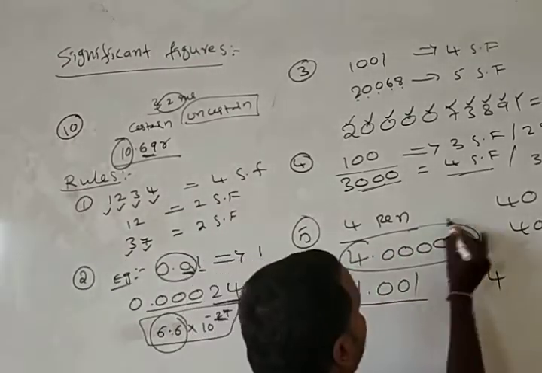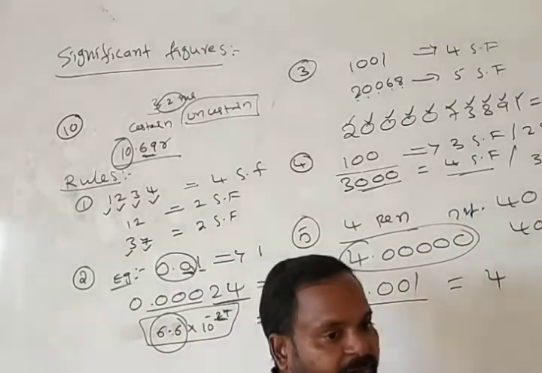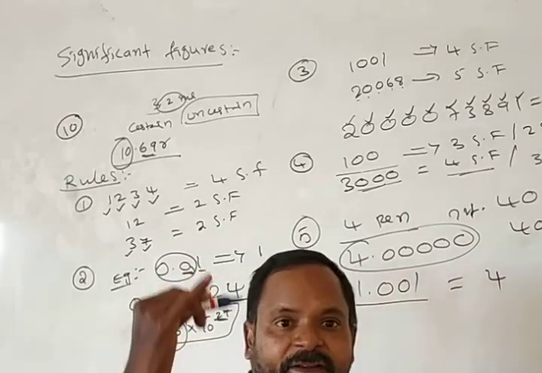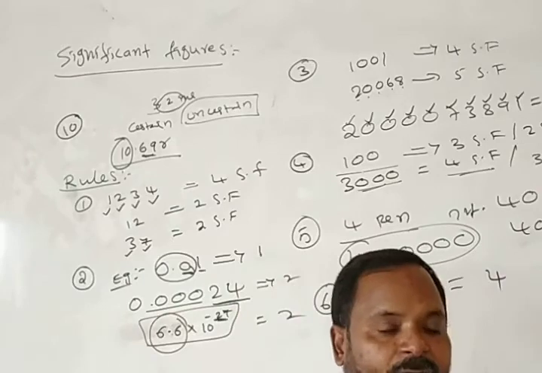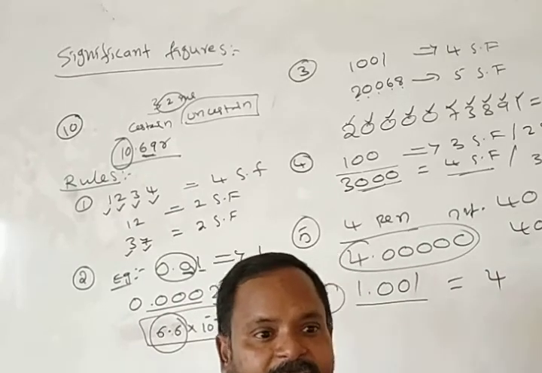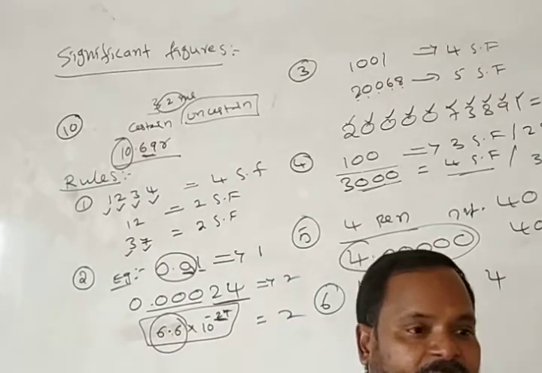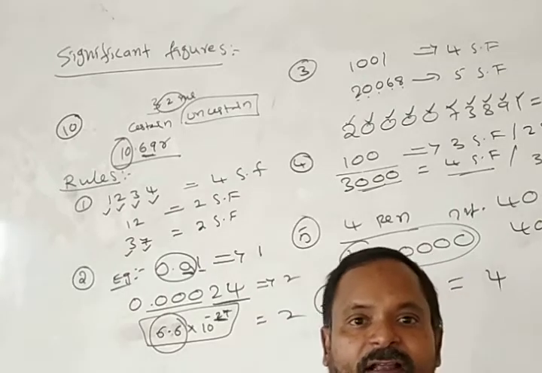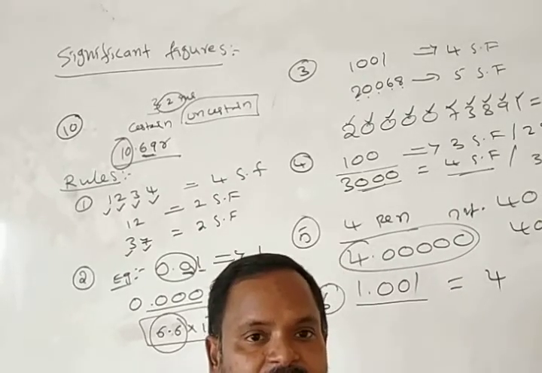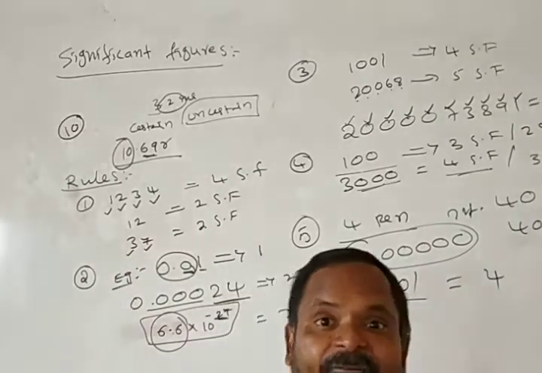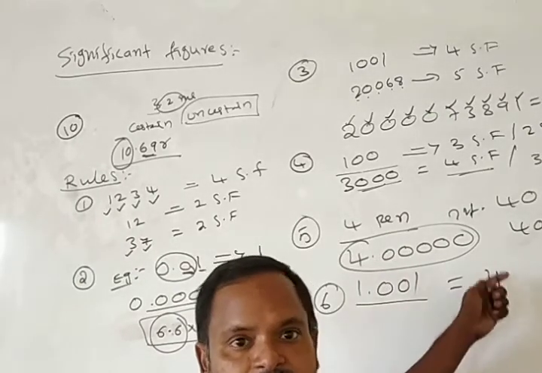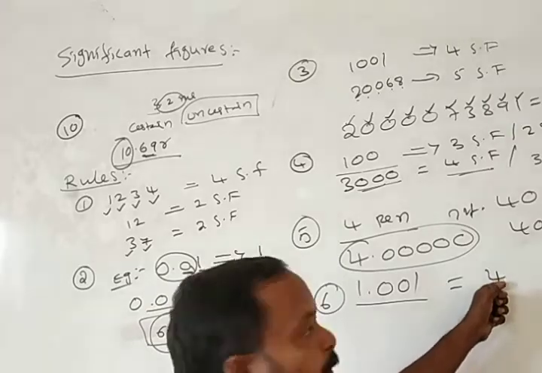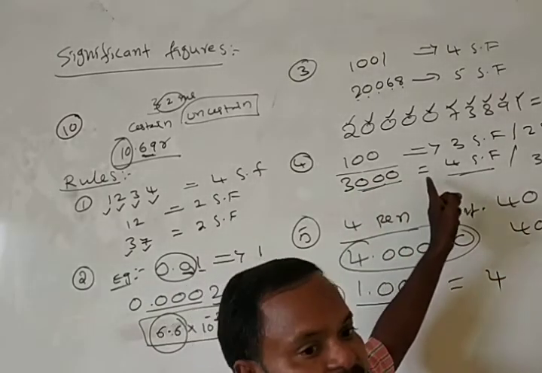Here, infinite significant figures. Exact numbers: 40 benches, 4 pens, 4 cameras, 4 mobiles, 20 materials, 30 colleges, 30 chairs, 30 benches, 30 students. All those are exact numbers. Exact numbers contain infinite significant figures.